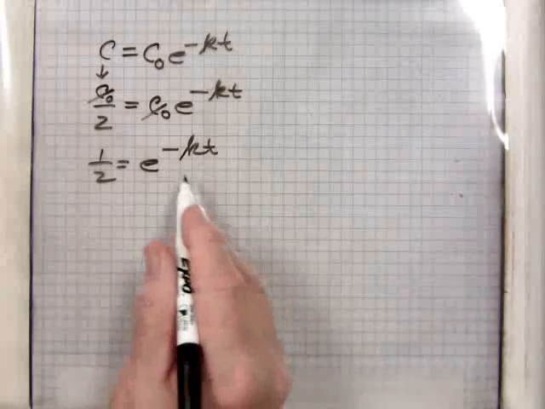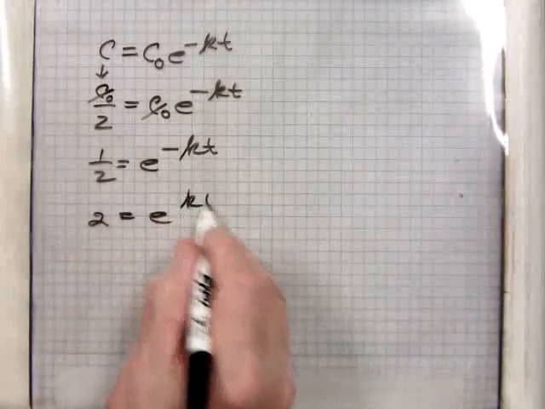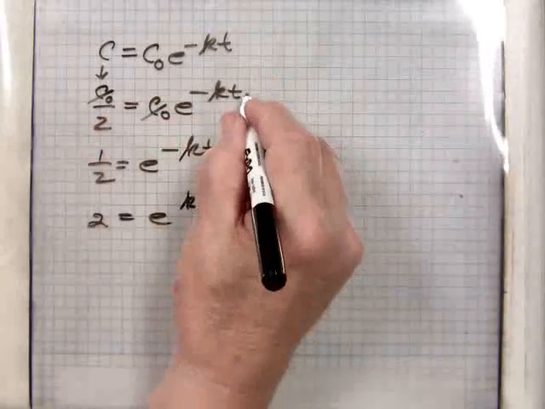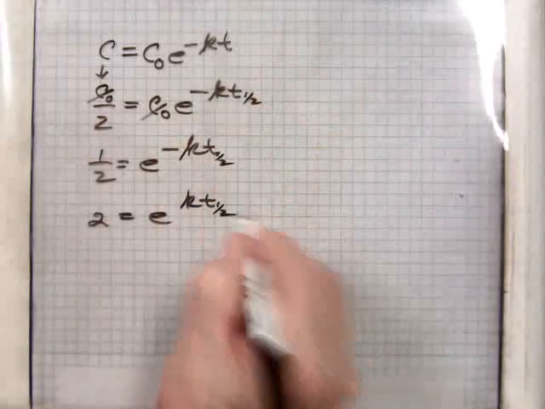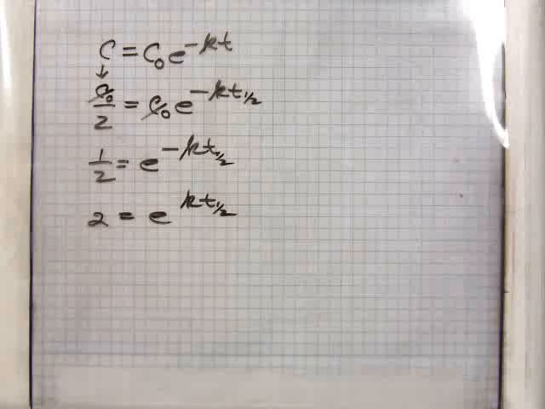So I could take the reciprocal of both sides of these, and I'll have 2 equals e to the positive kt. Now, when I go to this term, I can put the subscript on the time now of 1/2, because that's what we're talking about, the first one, the half-life, the first half-life.